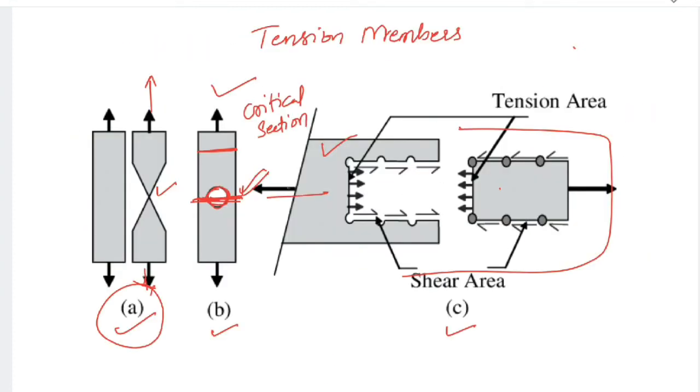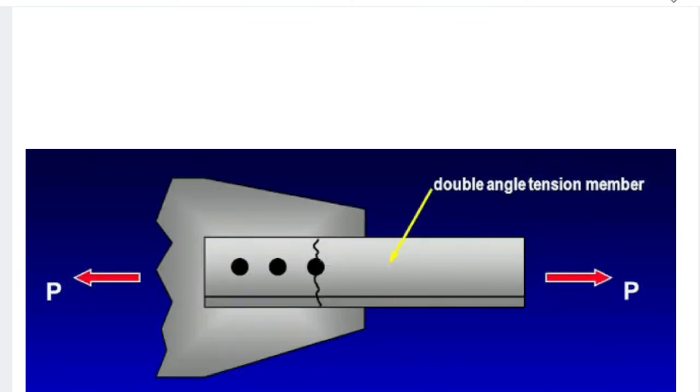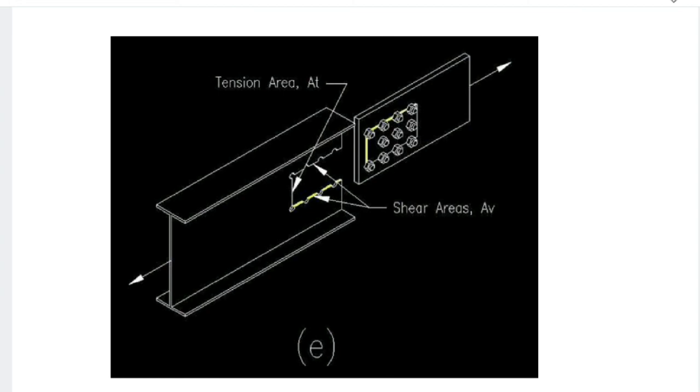Here you can see the force is applied. This is a plate member connected to a gusset plate. This portion of the plate is connected to the gusset plate along with the bolts here. So this kind of failure we call block shear failure. Here you can see this is a net section failure. Whenever you apply force, this net section failure will occur, and the block shear failure looks like this.